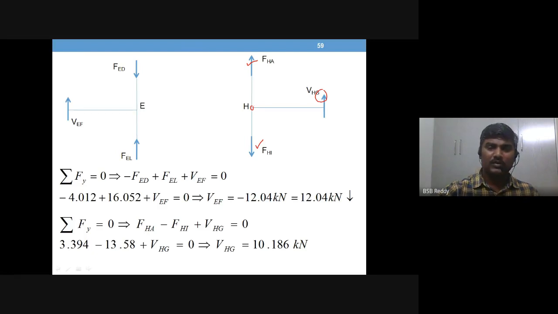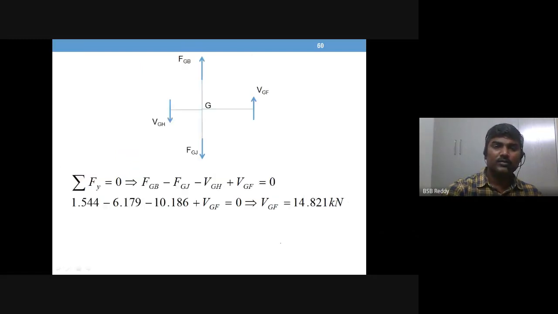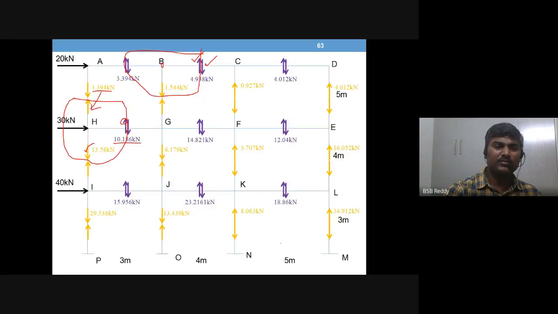Okay. So let's see that. FHA already known value, FHI already known value, VHG to find out. It's positive, so the assumed direction is okay. So 10.186. So joint H associated beam 10.186, and the direction is also okay.